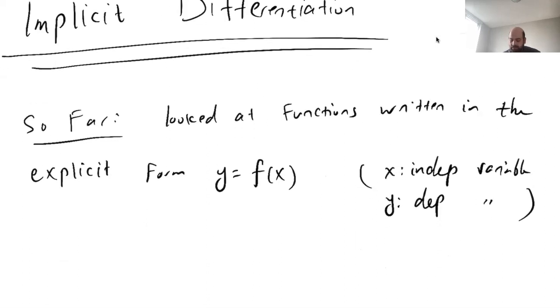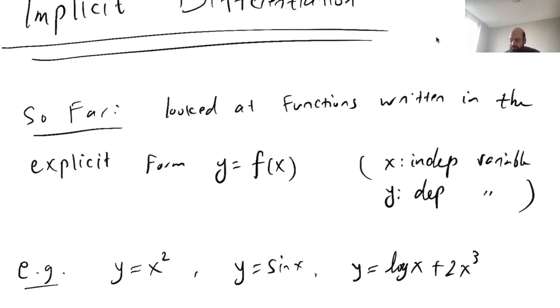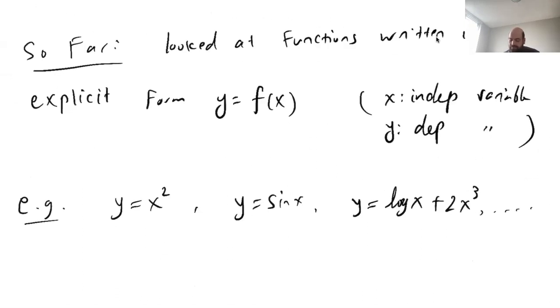For example, y equals x squared, or y equals, let's say, sine x, or y equals log x plus 2x cubed. Right? So left-hand side, you have y, and right-hand side, you have a formula expressed in terms of x.